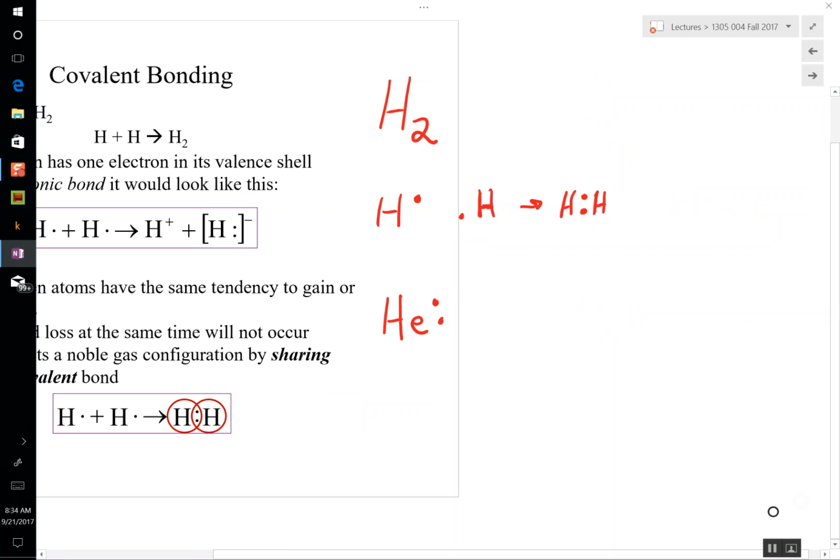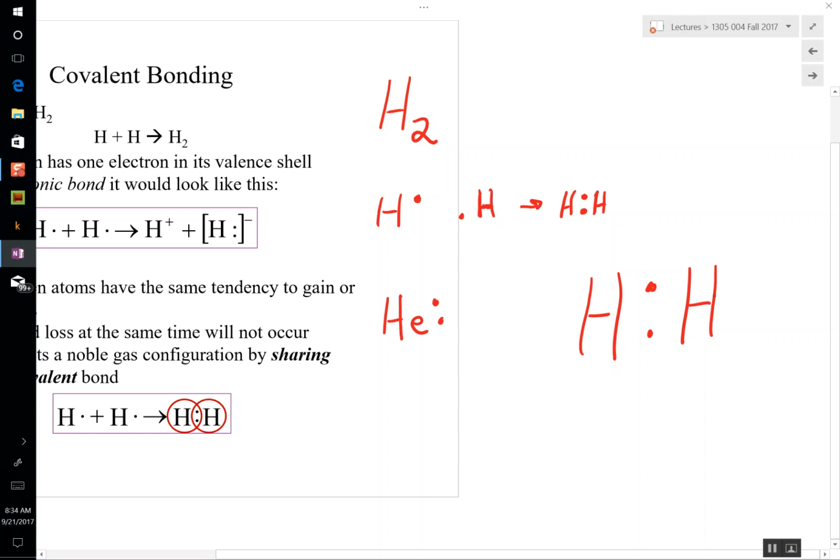Let's just take a look at that a little bit bigger. So if I cover this, it looks like helium. This atom is sharing its electron with this one, and this one's sharing its electron with this one.